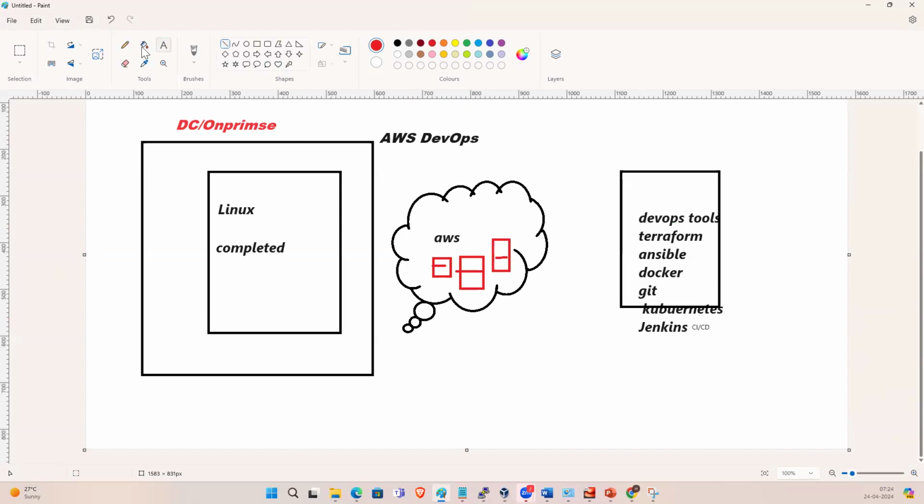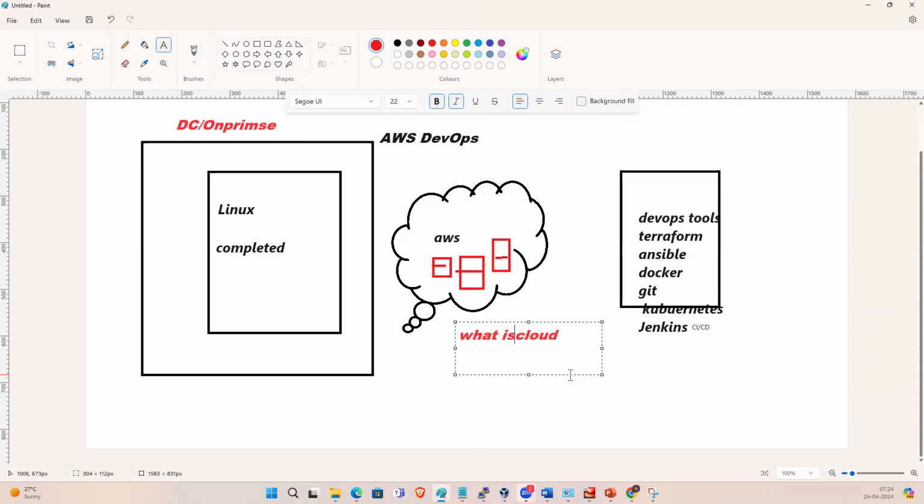So AWS is a cloud, guys. First we need to know the cloud. So what is a cloud and why cloud? Both are the same, guys.